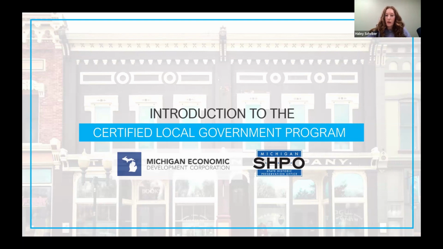We will review not only the requirements and benefits of the program, but how its framework can help you gain access to technical assistance, pursue exclusive grant funding, and build a development-friendly toolbox, ideally. Overall, the purpose of the CLG program is to provide a framework to help communities establish long-term approaches to engaging historic preservation as part of their suite of options to make their community better.